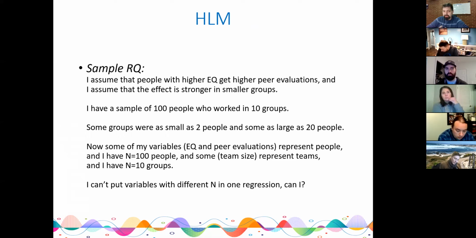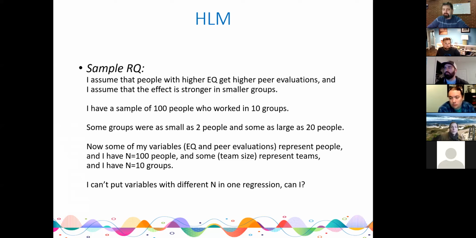And so the sample question would be, for example, let's say I assume that people with higher EQ get higher peer evaluations. And I assume that the effect is stronger in smaller groups. And going back to the comment somebody made about the toxic environment here, maybe I also assume that it is generally true, but the effect is stronger when the environment is toxic.